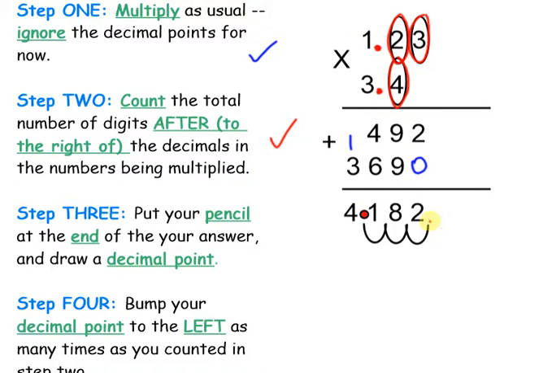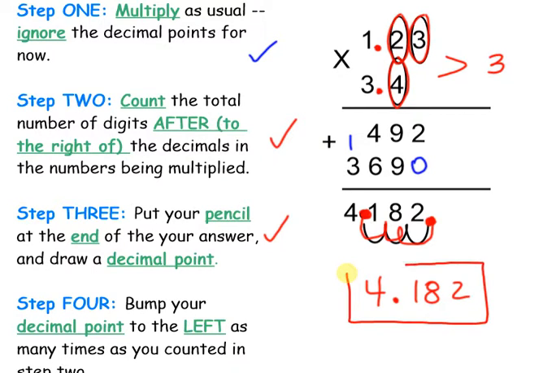Now we're going to go back down to the end of our answer, and we're going to draw a decimal point at the end of our answer. And now we counted 3 decimal places up here, so I'm going to move it to the left 3 over here. 1, 2, and 3. And that is where your decimal point will land. So your answer here is 4.182. Both numbers are positive, and so your answer will be positive.